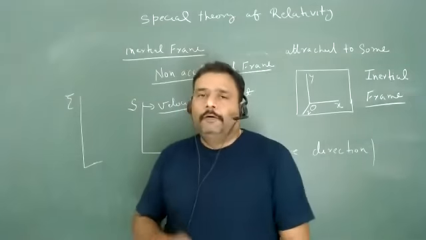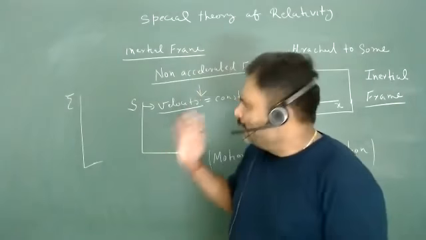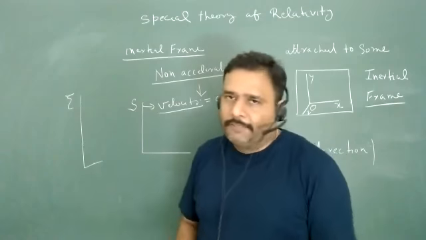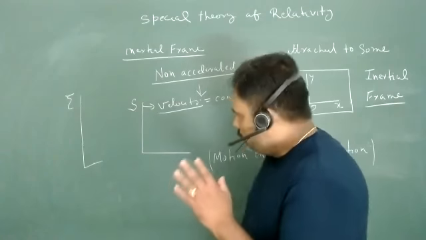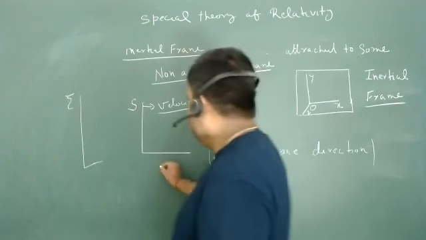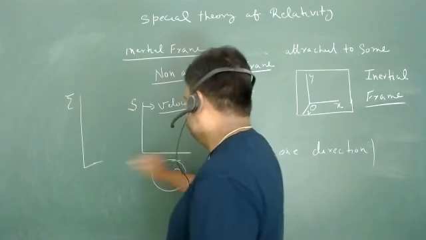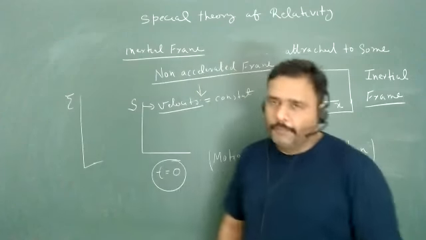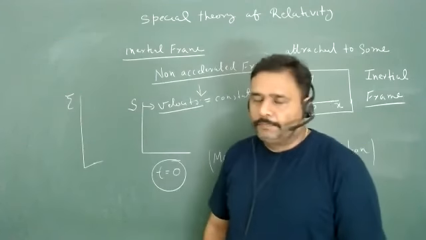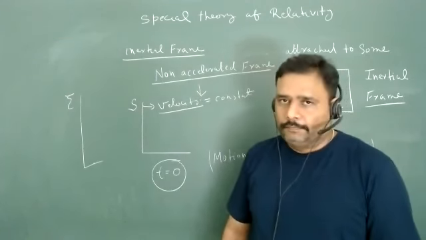Okay. Now, the last definition, which is a very basic definition, class 10 definition. What is the meaning of t = 0? Motion started.